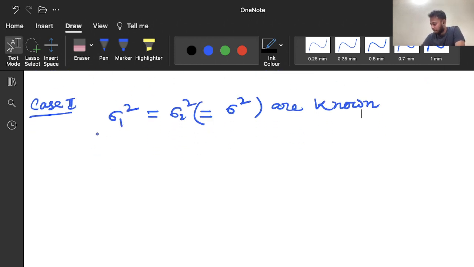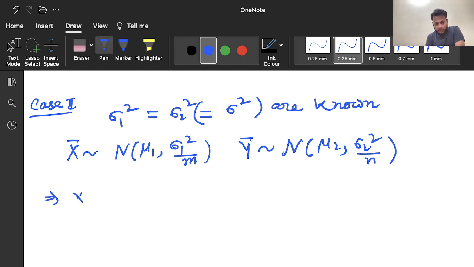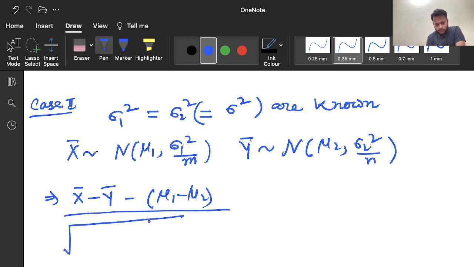Then x bar will follow N(mu1, sigma 1 square by m), y bar is N(mu2, sigma 2 square by n), and x bar minus y bar minus (mu1 minus mu2) by root over sigma square (1 by m plus 1 by n) will follow normal 0, 1.